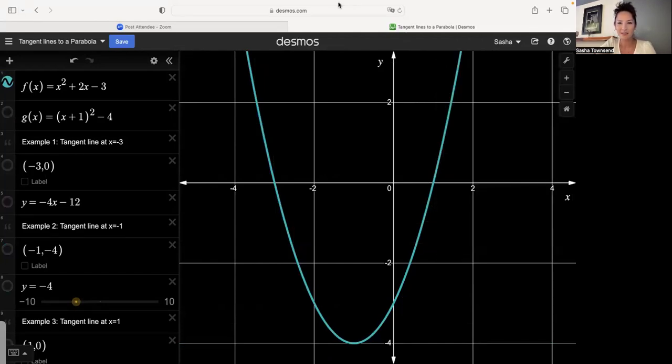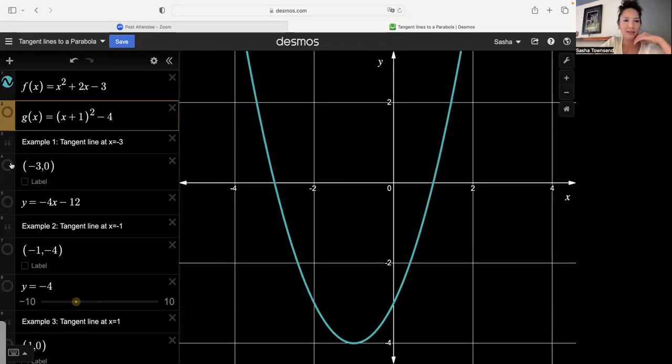But this is our function. We completed the square to show that it was equal to the same function in a different form, x plus 1 quantity squared minus 4. And if we graph that, look, they overlap, they're the same. Then we calculated some tangent lines on paper.